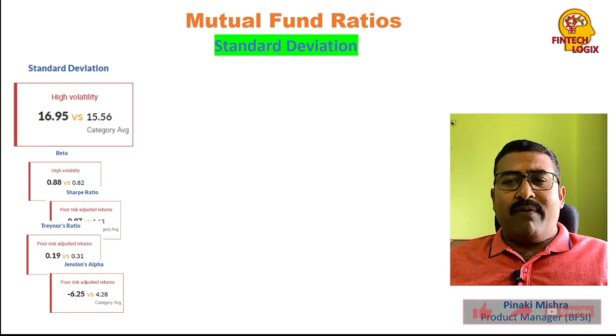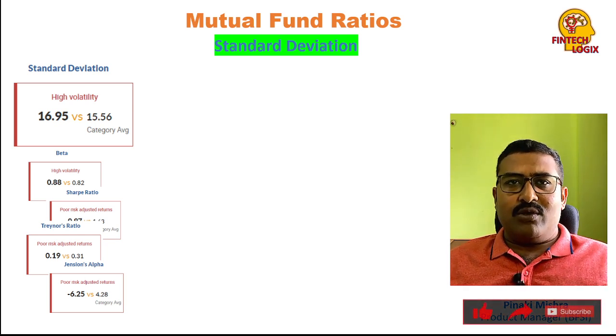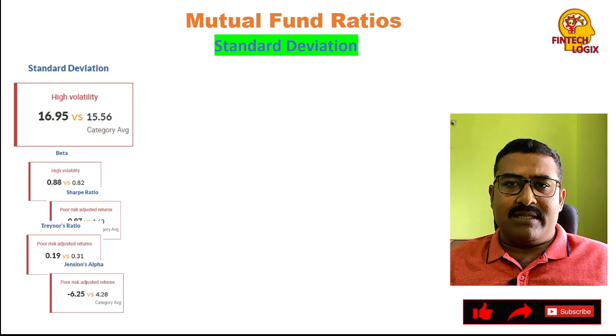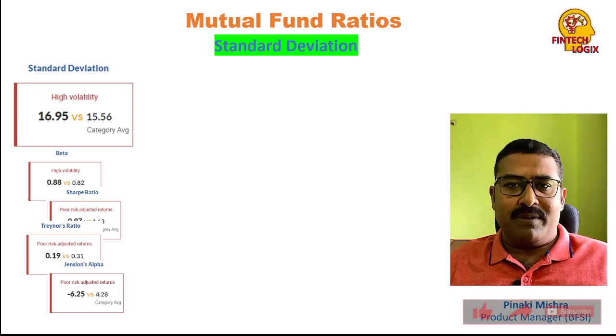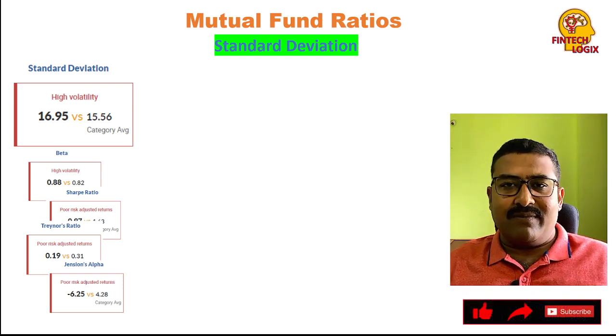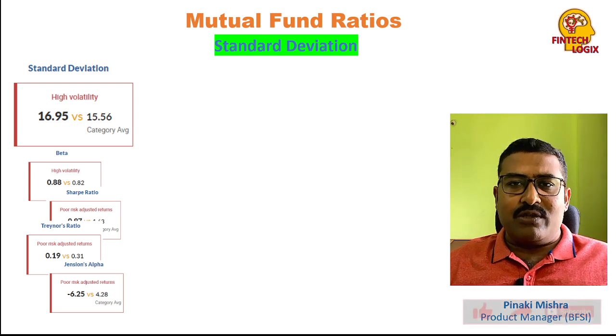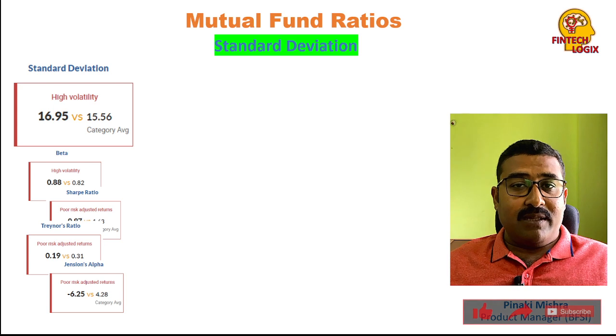Standard deviation can have a value between 0 to 100%. Normally you see a value like 16.95 or, let's say, 15.56 for the category average. These are percentages; standard deviation is represented in terms of percentage.